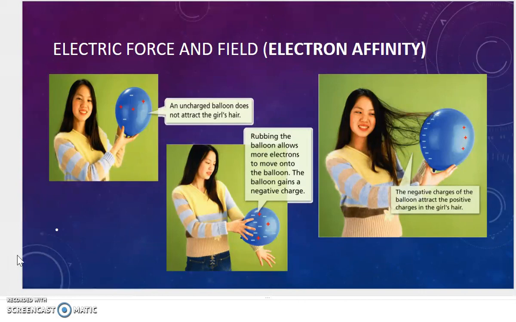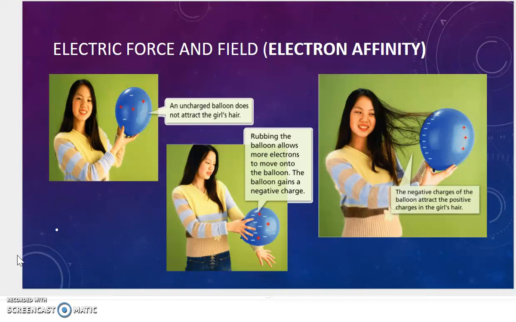Let's look at this example with a balloon. Here a young lady is holding a balloon, and the balloon has a few positively charged particles and a couple negatively charged particles. At that point, it is not attracting the girl's hair. Once she rubs the balloon on her sweater, more electrons move onto the balloon.